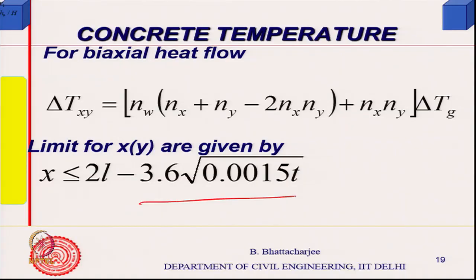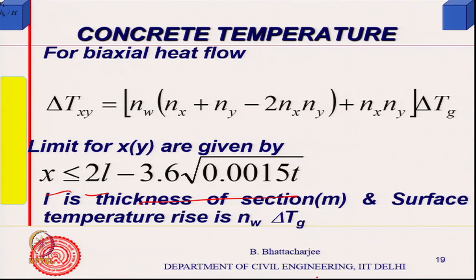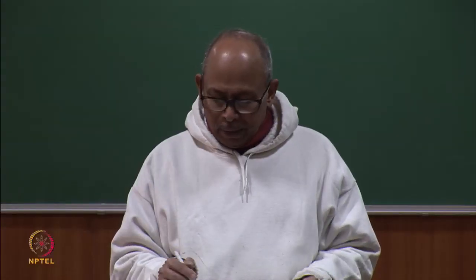So, that is why this condition is there: x should be less than 2L minus the value you are finding out. L is the thickness of the section in meter, and the surface temperature rise is Nw into Tg, because depending upon the time, at infinite time this will become 1.